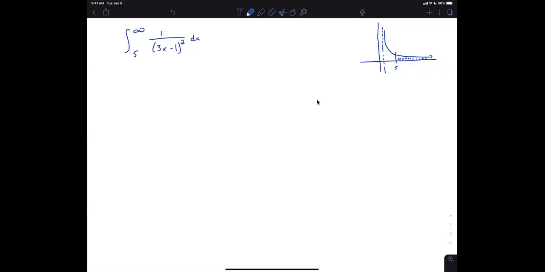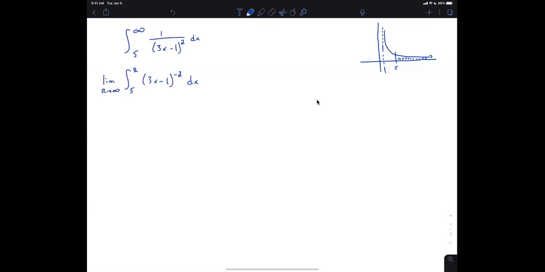And so what you do is you say, we can't really deal with infinity, but what we can do is go from 5 to r. You just pick a random variable other than x, but I usually use the letter r. So we go from 5 to r of 3x minus 1 to the -2, and we want to talk about the limit as r approaches infinity.